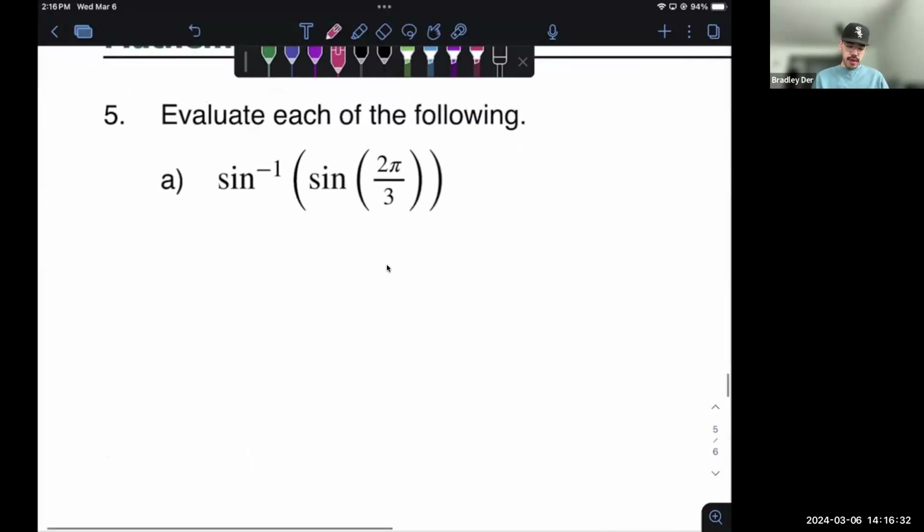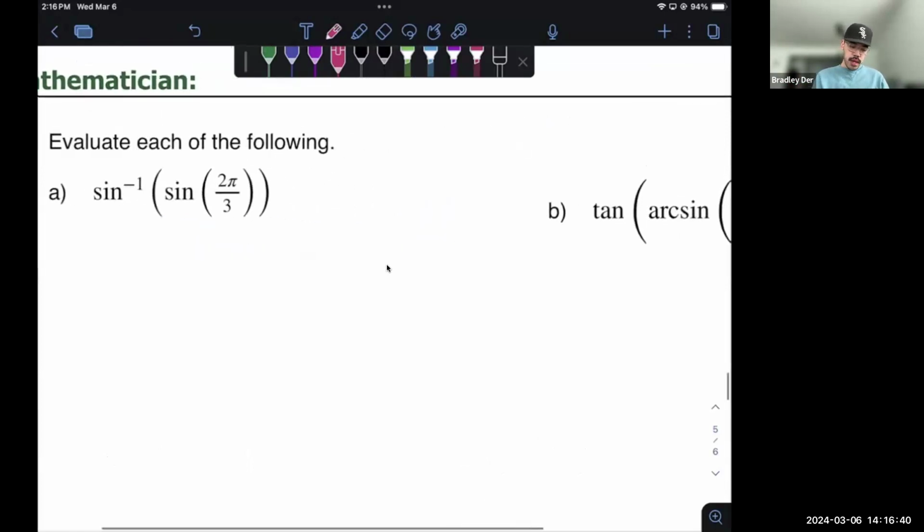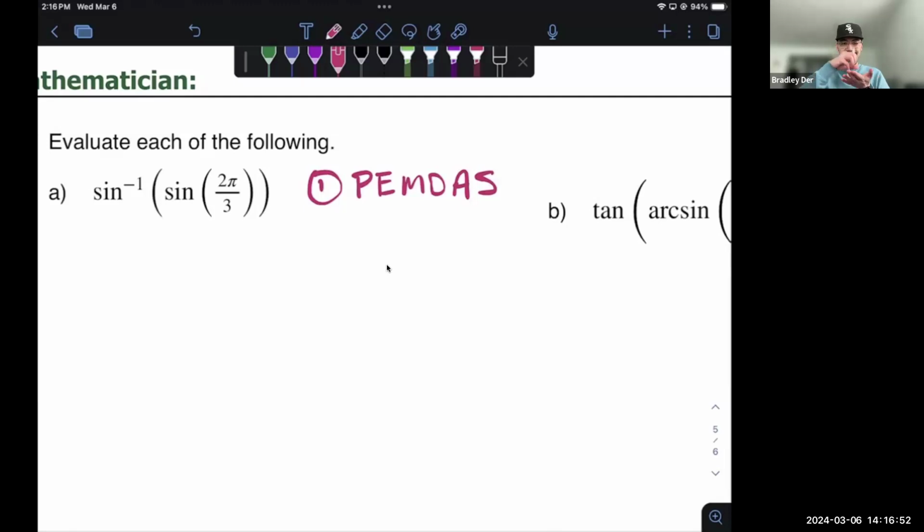So, for example, we would evaluate sine of 2 pi over 3, and then we use that output to evaluate inverse sine. All right. So the first thing to remember in these compositions is just the order of operations, just PEMDAS. Work from the inside out, and typically things will go perfectly fine, right?